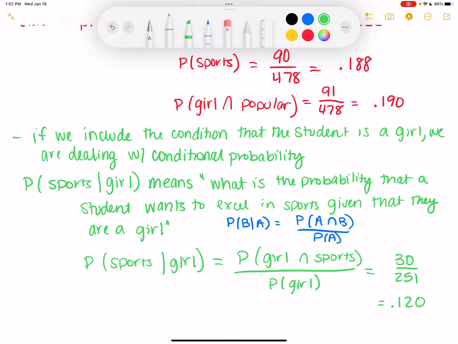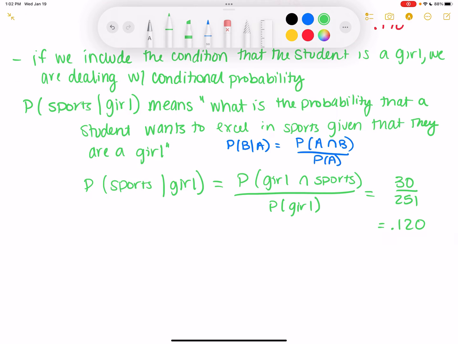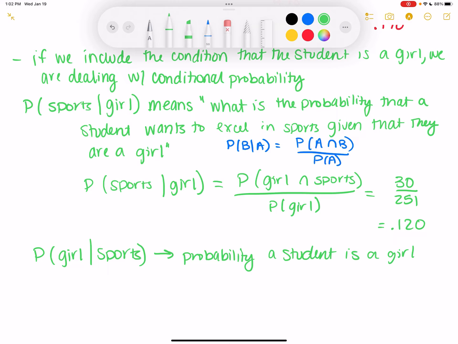So then if we were to flip this, instead of the probability of sports given a girl, if we wanted to do the probability of a girl given they excel in sports, this would be written as the probability a student is a girl who wants to excel in sports.